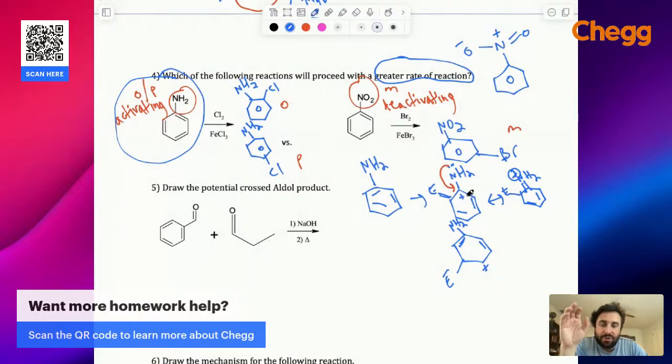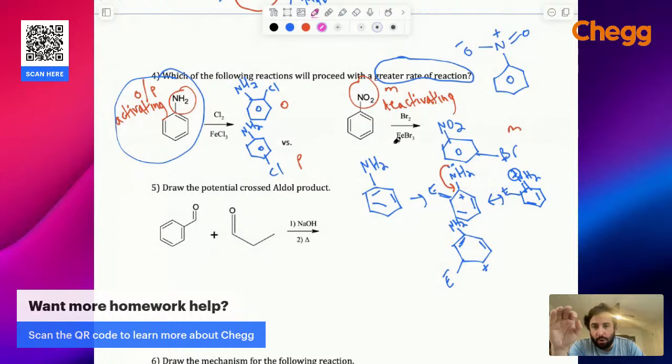So if we have ortho substitution, some electrophile, doesn't matter what, went to the ortho position, that left a positive charge there. We could draw two other resonance structures, right? We could push this pi bond there and get the positive charge here, and then push this pi bond here and get the positive charge here. With para substitution, it'd be the same.